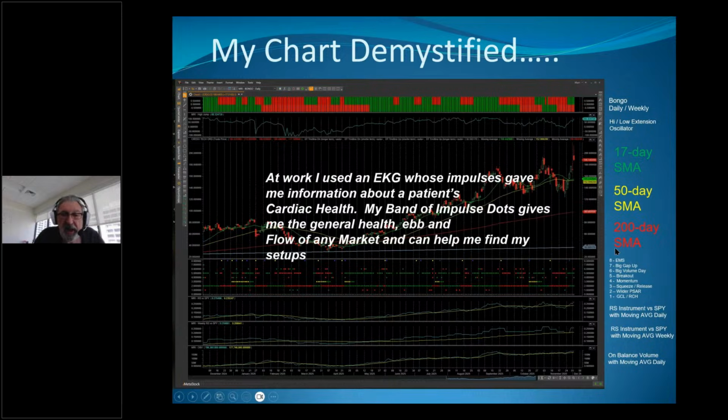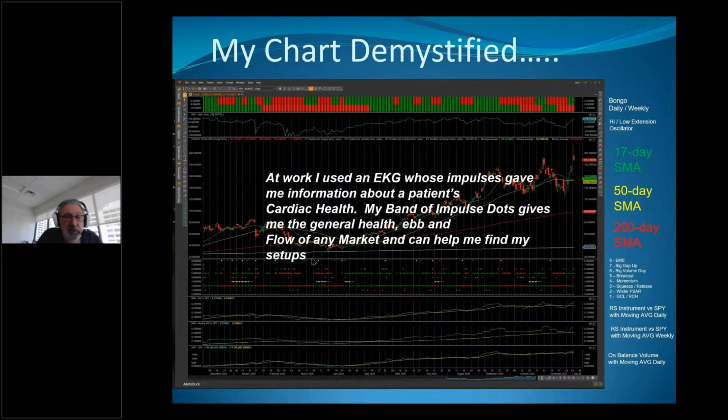Now, this might seem kind of kitschy, but it's true. Any internal medicine doc rotates through cardiology, rotates through the ER, and for the rest of our career, we're supposed to know if somebody's having a heart attack.